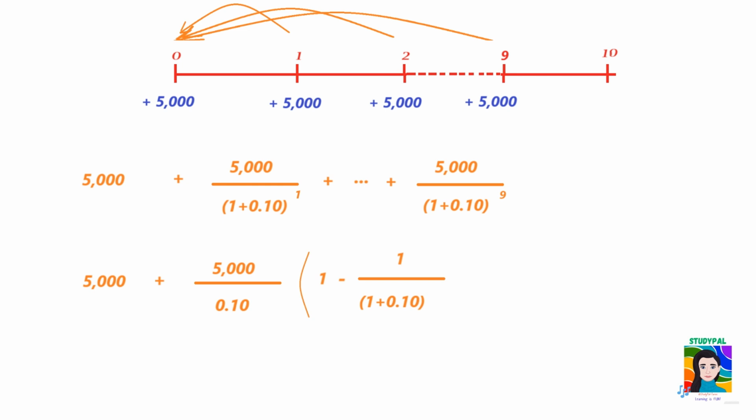Why is it n minus 1? Because it's 10 minus 1. There are 10 periods, but the cash flows are occurring immediately, like at the start of the period. And that will give you an answer of 33,795. And this is the formula we used. The cash flow plus the cash flow divided by the discount rate times 1 minus 1 over 1 plus r to the power of n minus 1.